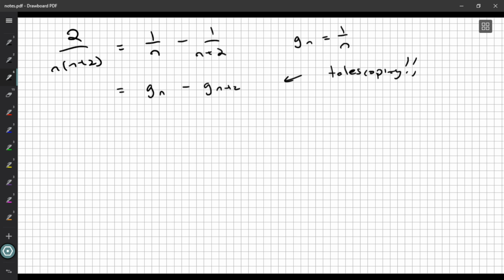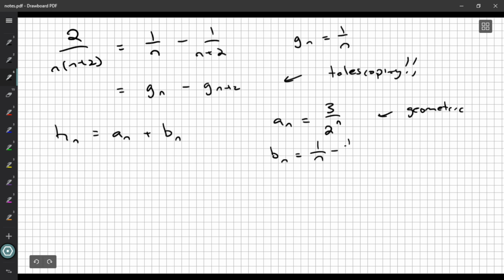Now, how does that help us? So h_n can be written as the sum of two other sequences. The a_n's here are the 3 over 2 to the n part, and this is geometric, and it converges. And the b_n's here are just the 1 over n minus 1 over n plus 2, this remaining part here, which is telescoping.